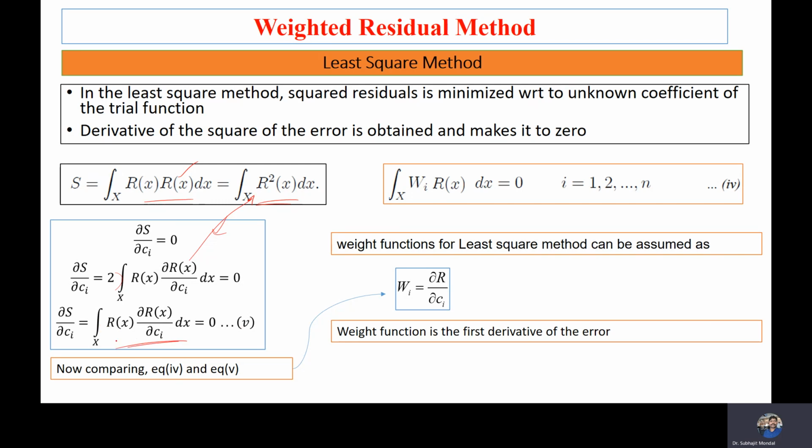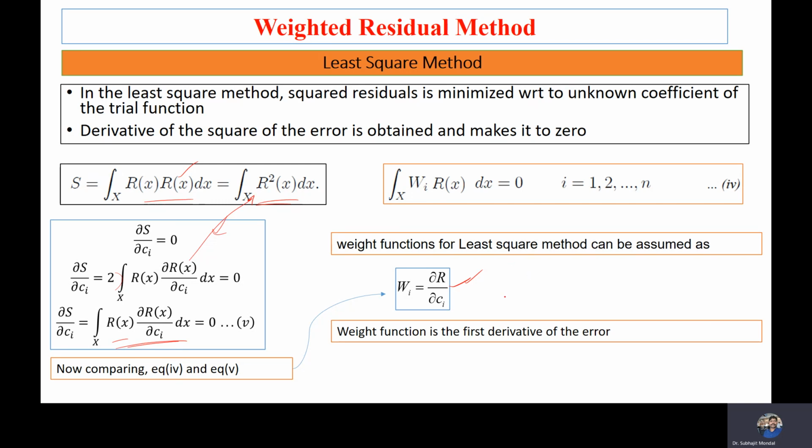So we have r times delta r by delta c equal to 0. Now here you just see this is very equivalent to our weighted residual method, where the weight function we assume as the first derivative of the error with respect to the unknown coefficient.